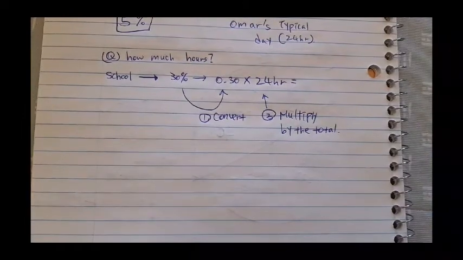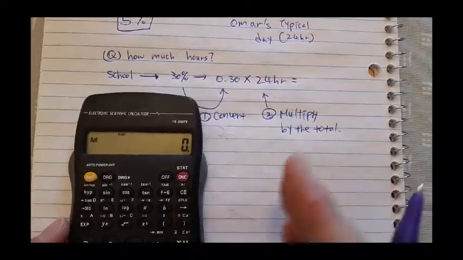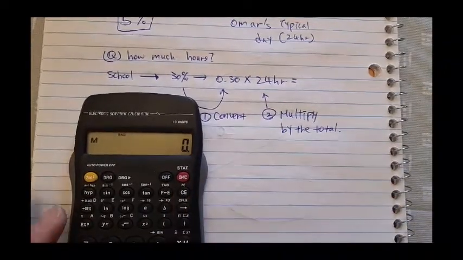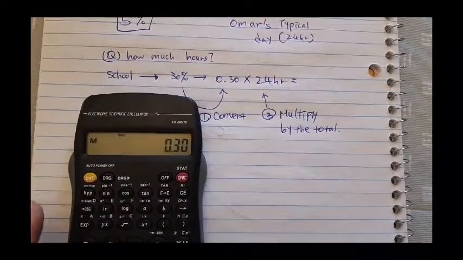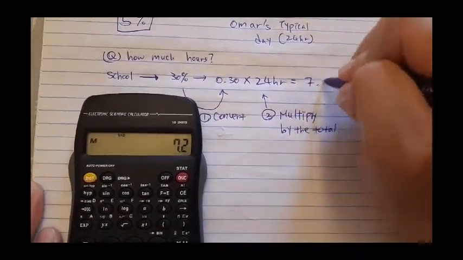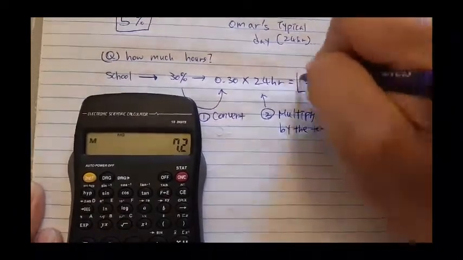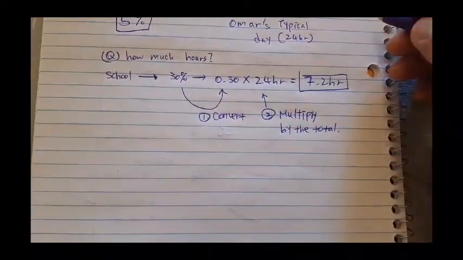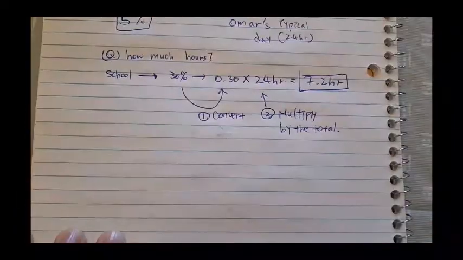So 0.30 times whatever the total is, in this case 24, will basically make the answer come out. 0.30 times 24 hours gives me 7.2 hours. That's how much Omar spent in school.